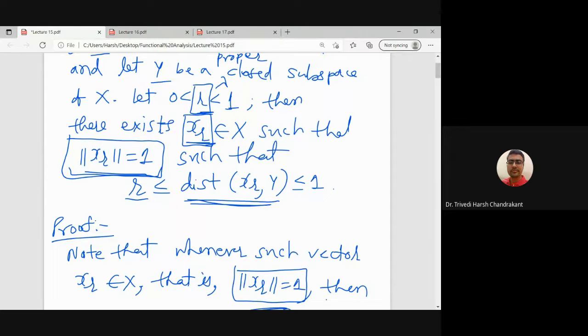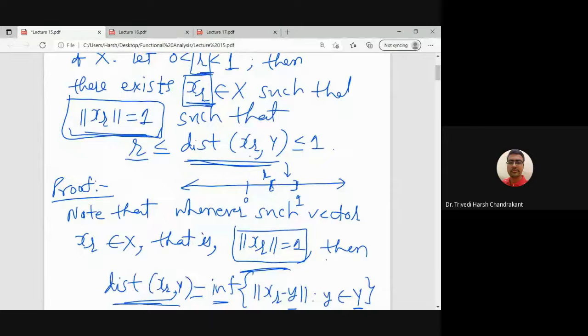So if we have any number between 0 and 1, then we have a vector xr such that its distance from Y will come in this interval.